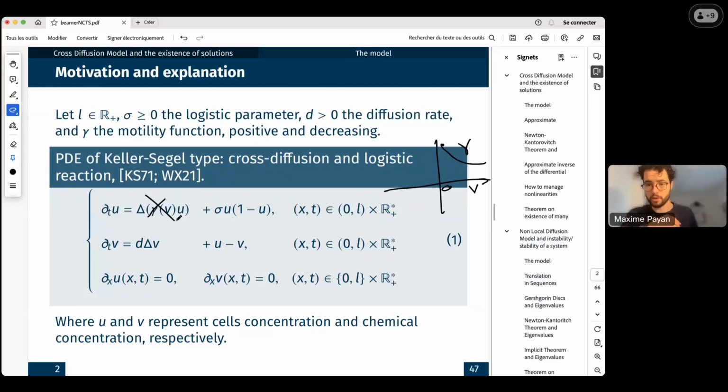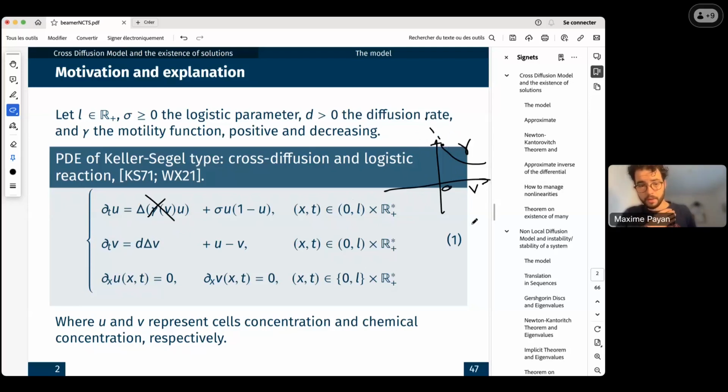And on the other hand, when V is very close to 0, because all the quantities are positive, gamma can be a constant, so just a simple diffusion with some rate, or maybe infinity.